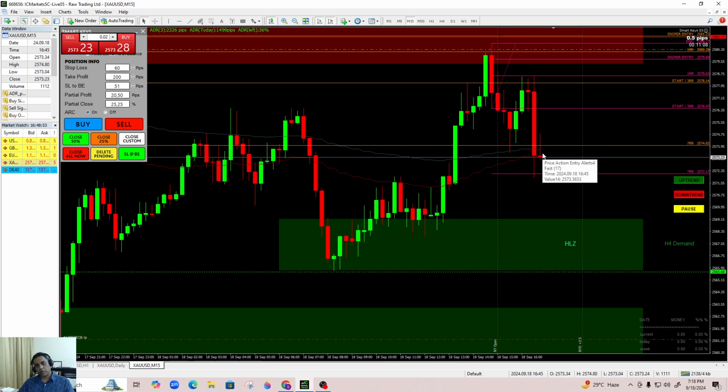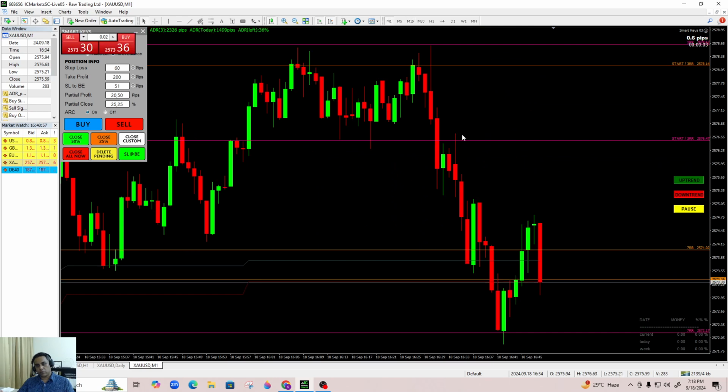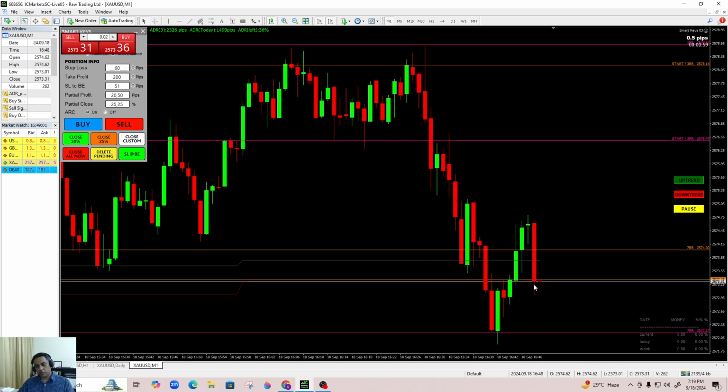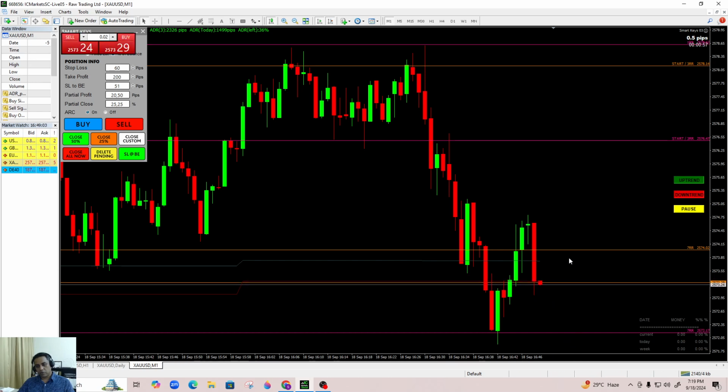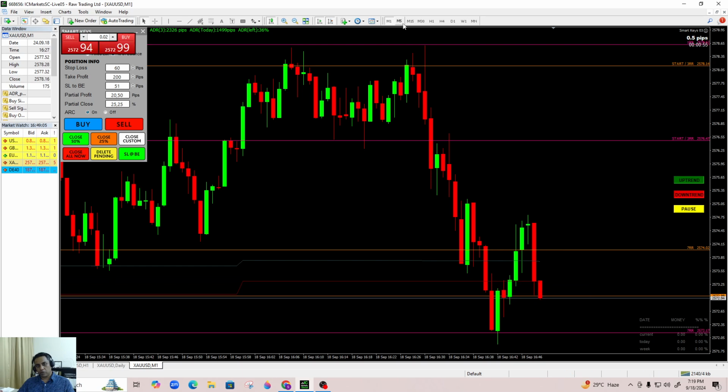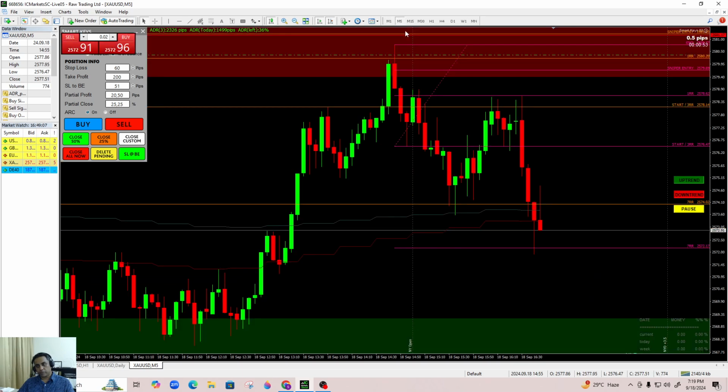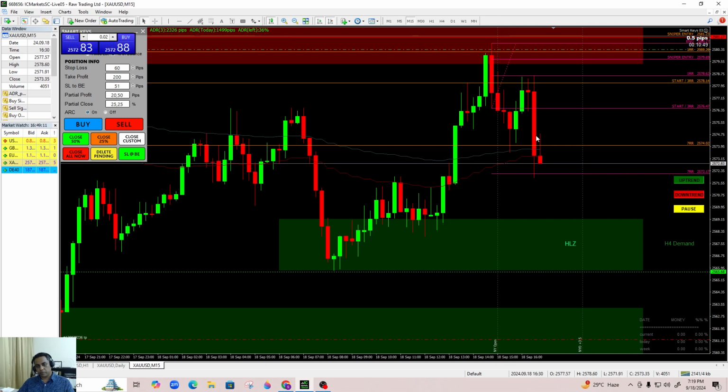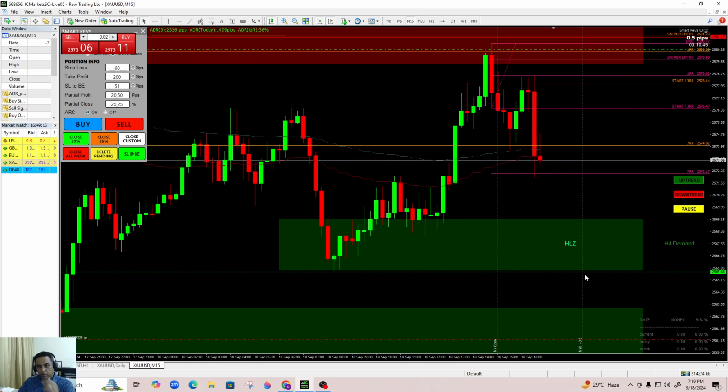Yeah, that's a top wick on the M15. Got the top wick. Yep. Now we should just continue down. M15 candle close, pushed up, create top wick, and continue to push down.